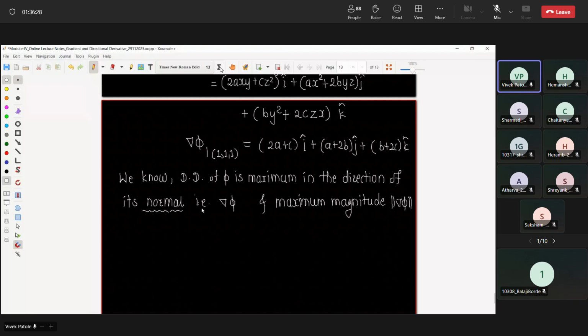Therefore, the direction of del phi, as the directional derivative is maximum in the direction of its normal, that is del phi. So what must be the direction of del phi?